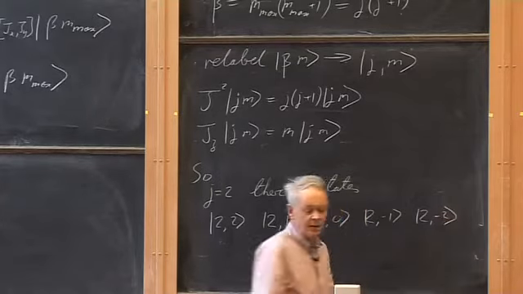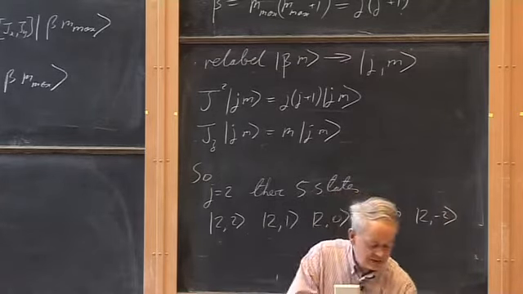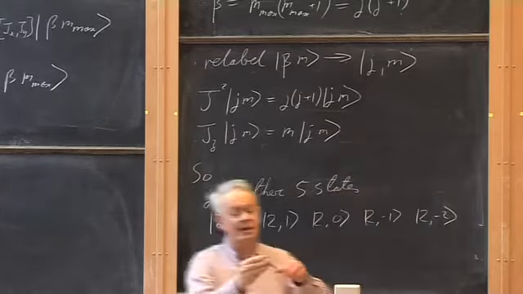Now what does that mean? What statement is being made physically? It's being said that if my pen has 2 units of angular momentum, well, it has j equals 2, which means, as I've said, strictly speaking, J squared has an eigenvalue of 6, right? But if we call that 2 units of angular momentum, it has 5 possible orientations, right? This one, this one, this one, this one, this one, and this one.